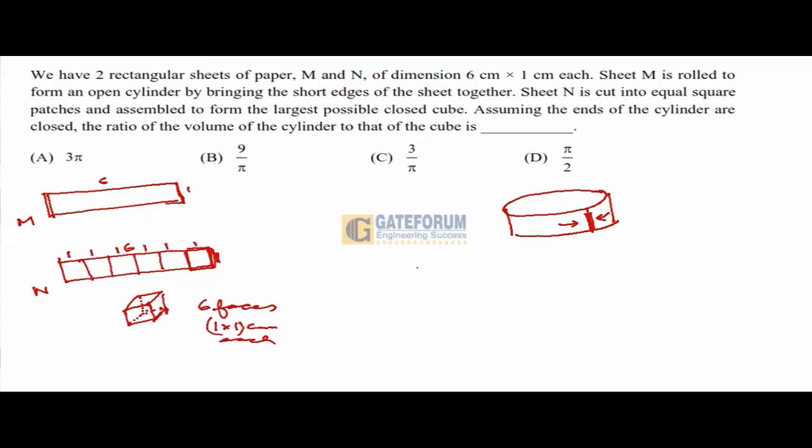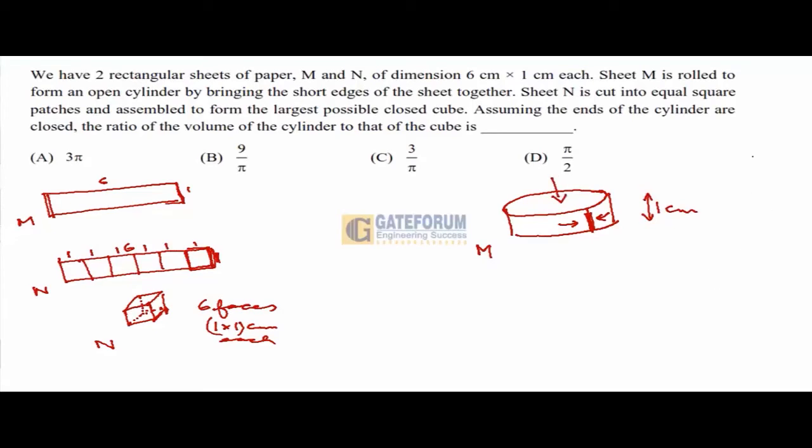So let us now come back to the cylinder. You have formed the cylinder with M and you have formed this cube with N. The height of this cylinder is 1 centimeter, no doubt about it. Now let us look at the curved surface from the top.